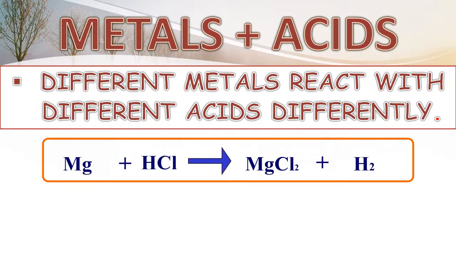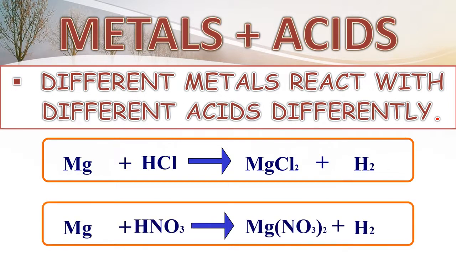When magnesium reacts with dilute hydrochloric acid, it forms a salt, that is magnesium chloride, and hydrogen gas is released. Now, this reaction might not hold true for all the metals because of low reactivity. If you talk about copper, copper does not react with dilute hydrochloric acid.